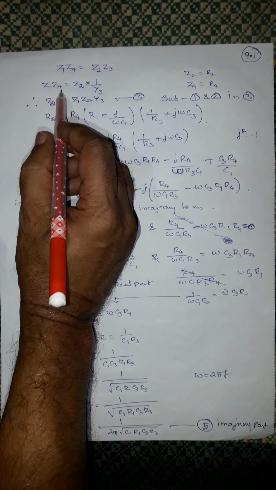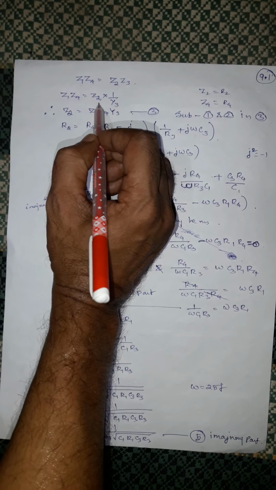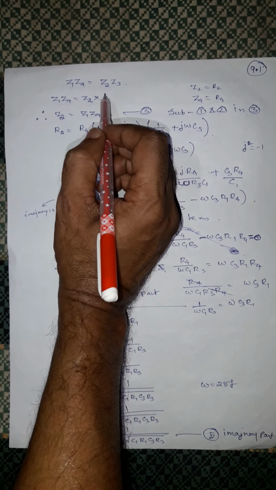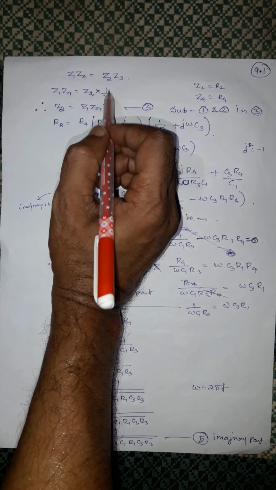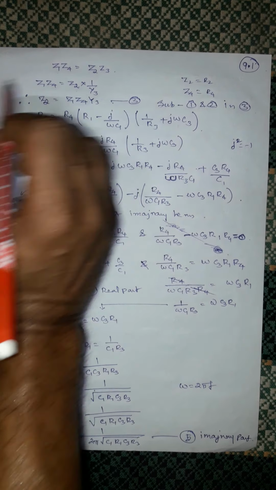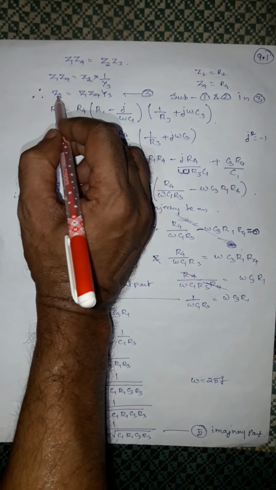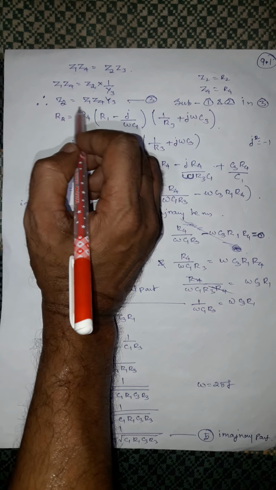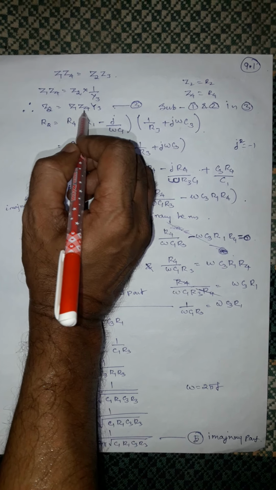Therefore Z1 Z4 equal to Z2 Z3. I put Z3 as 1 by Y3, the admittance, since Z equal to 1 divided by Y. Therefore Z2 equal to Z1 Z4 Y3.